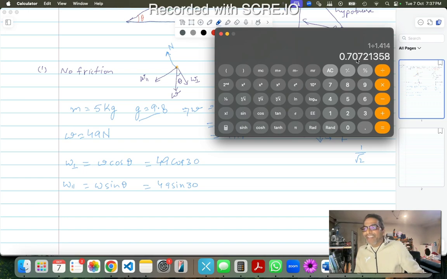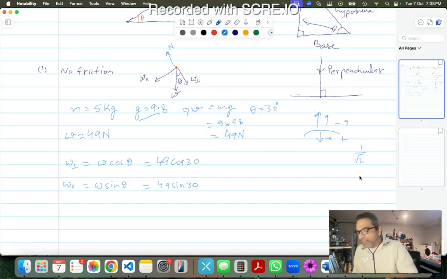Yes, exactly. So just to give you some idea of what this means: sine 30 is half, sine 45 is always 1 by root 2, and sine 60 is root 3 by 2.